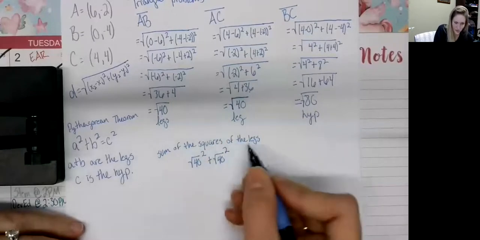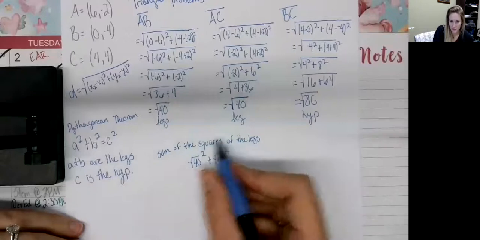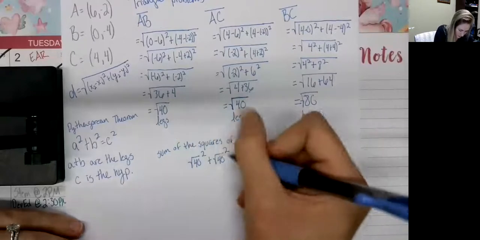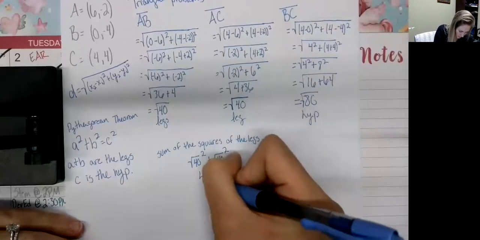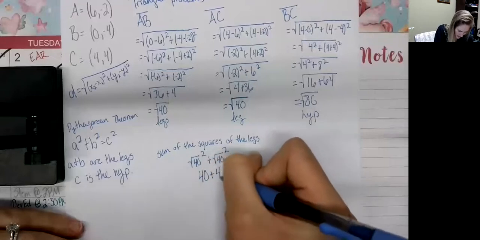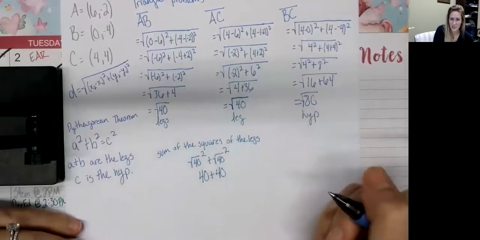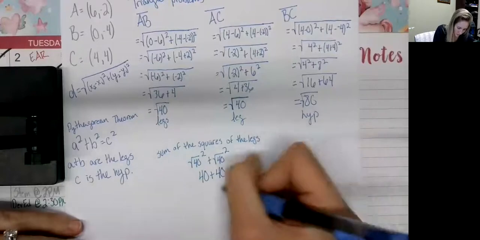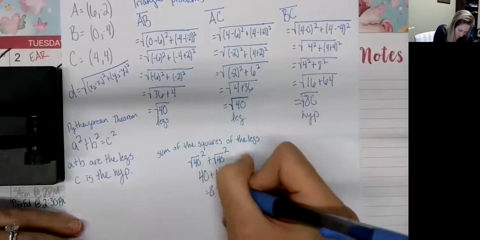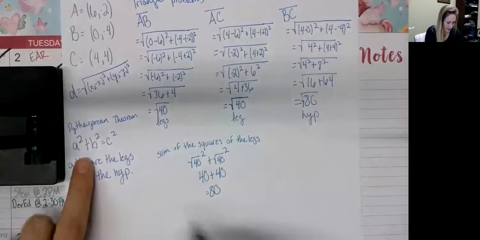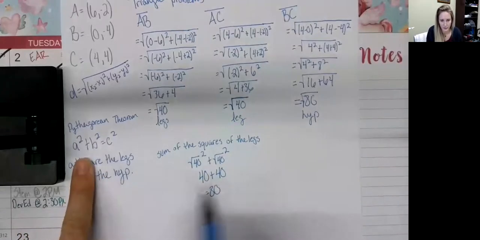The sum of the squares of the lengths of the legs. And I didn't even write it right. So when we square root, y'all should remember this from the 1.6 or 1.5. So we'd have 40 plus 40, which is going to give us 80. And this is the first part of the Pythagorean theorem, a squared plus b squared, since these are our legs.